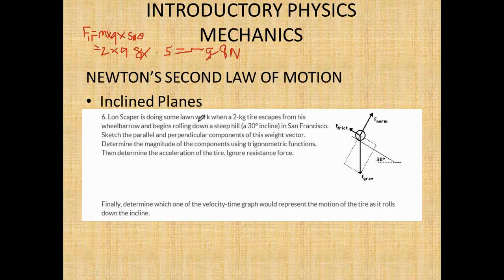Okay? They want you to calculate the acceleration though. But using Newton's second law, we know that the net force is equal to the mass of the object times acceleration.